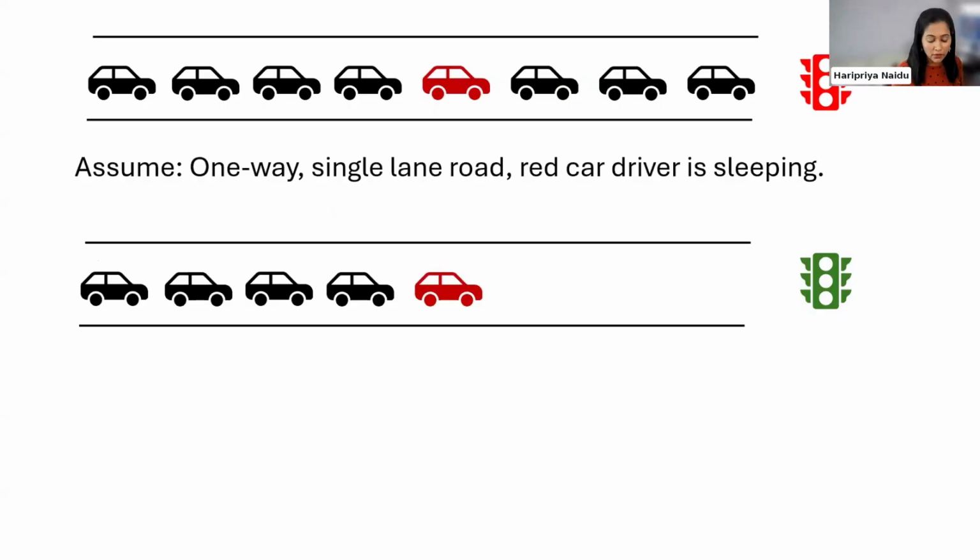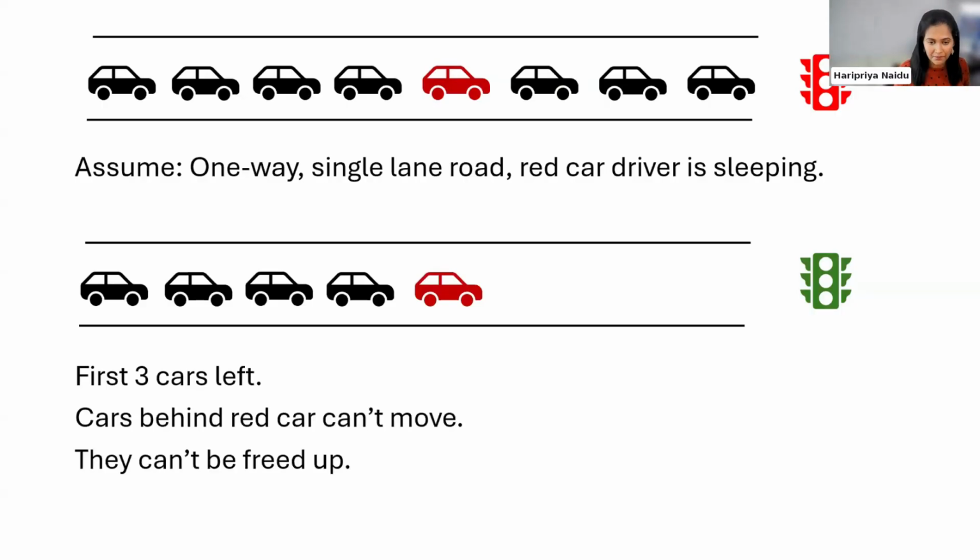But the fourth car, the red car, the driver is actually sleeping. Because of that, none of the other cars can move, right? So they're all just stuck there. Even though their cars are in good condition and the drivers are good, they still cannot move because the car in front of them is stuck.